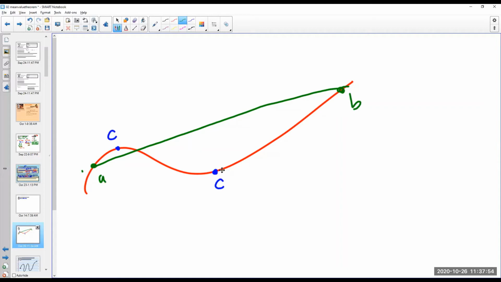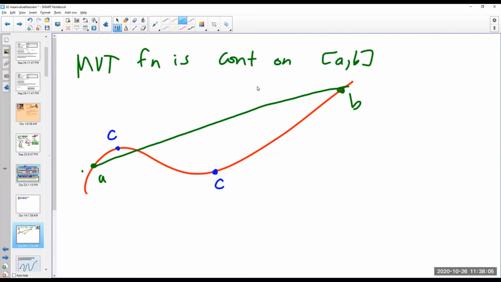No, that's great, because that's exactly what MVT says. MVT says that if the function is continuous on the closed interval, and that's exactly what our function was, and if the function is differentiable on the open interval, that just means you don't have to worry about the endpoints being differentiable. Everything's smooth in between. Then you always have at least one point.